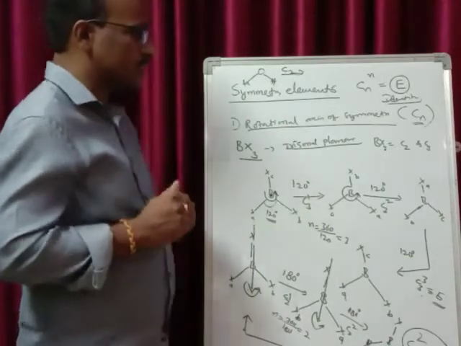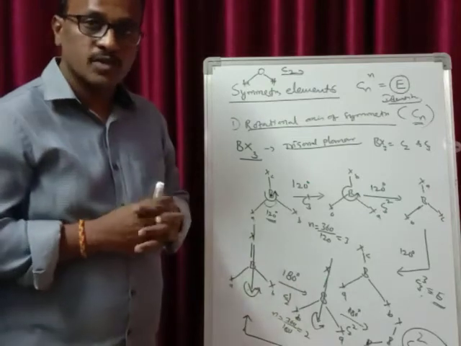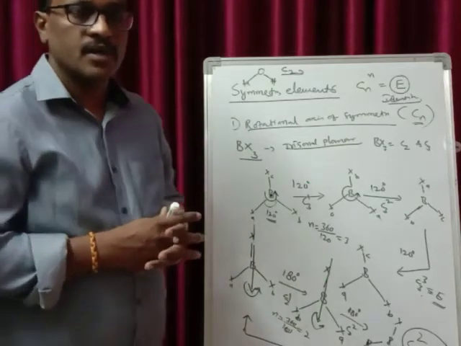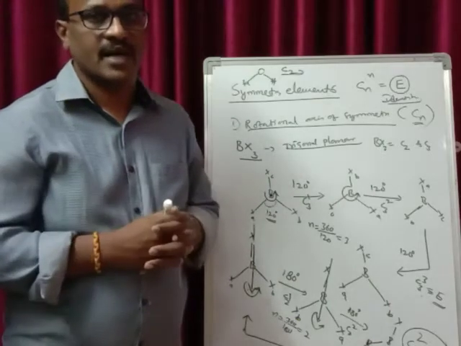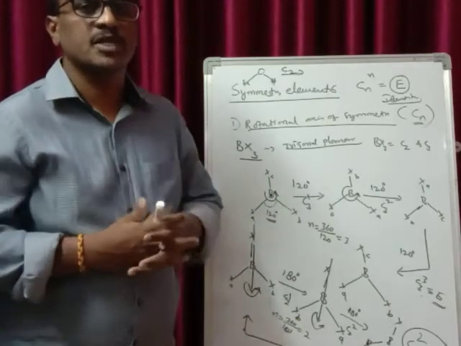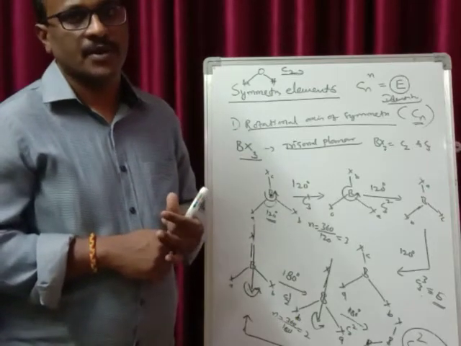Here I would like to mention one thing: if a molecule has more than one rotational axis of symmetry, which has to be given more priority and which less priority? I mean, which becomes the principal rotational axis of symmetry and which becomes the secondary rotational axis of symmetry.